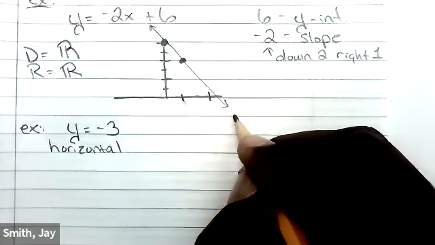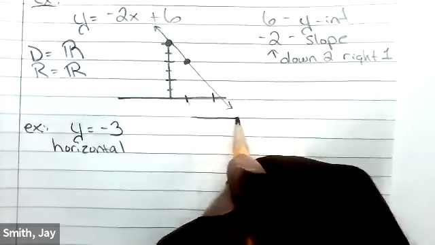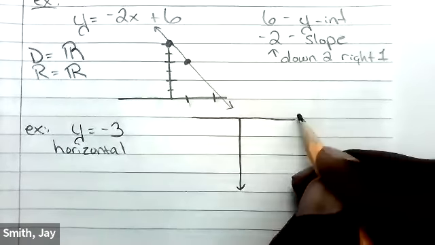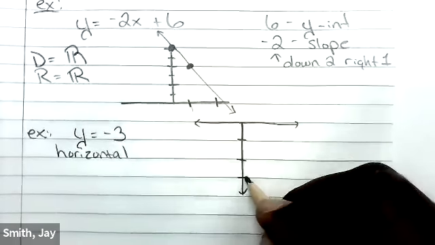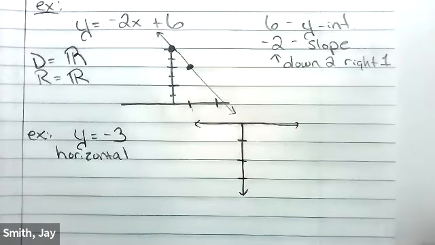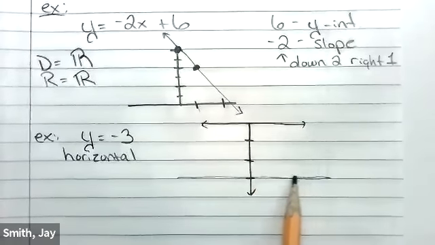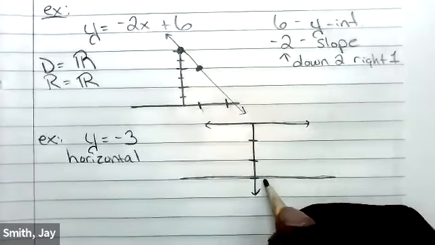it's negative 3, so we'll start here. It's my x-axis, y-axis. Down to negative 1, negative 2, negative 3. The graph of this line says that no matter what the x value is, my y is negative 3.